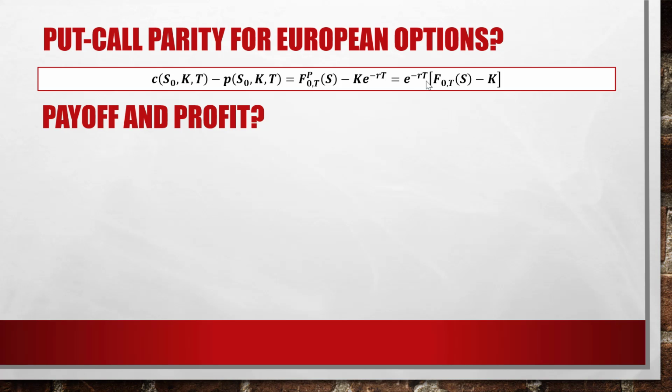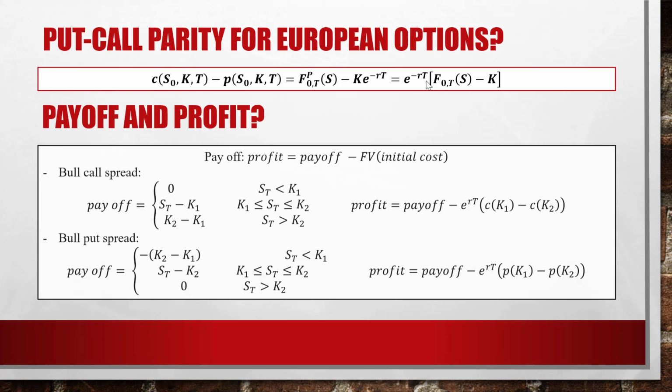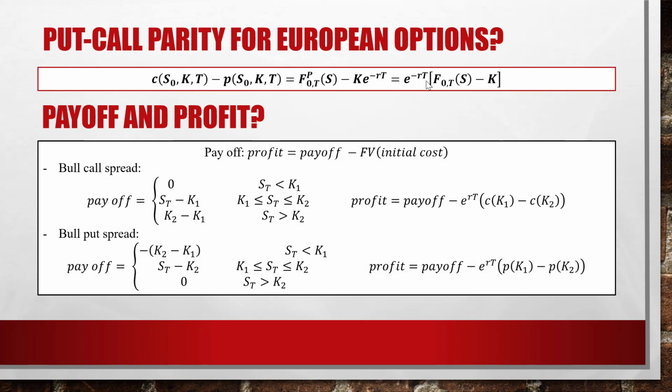And here is how we calculate the payoff and the profit. The general formula to calculate the profit is just profit equals payoff minus the future value of the initial cost. For example, if we consider the bull call spread, remember the payoff is either 0, or S at T minus K1, or K2 minus K1, depending on whether S at T is less than K1, between K1 and K2, or greater than K2.